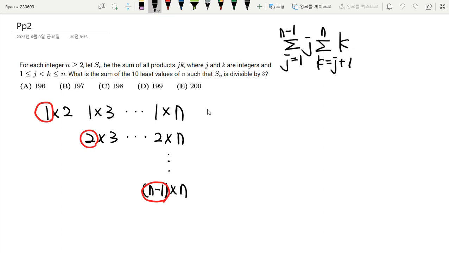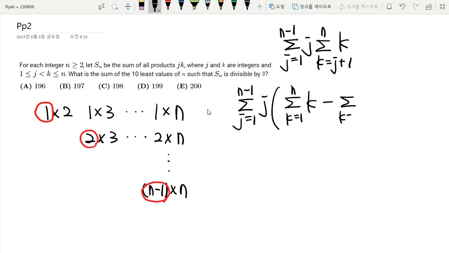So to solve this sigma notation, we need to use some formula. For the second sigma notation, to start from j plus 1, we need to subtract k from 1 to j.